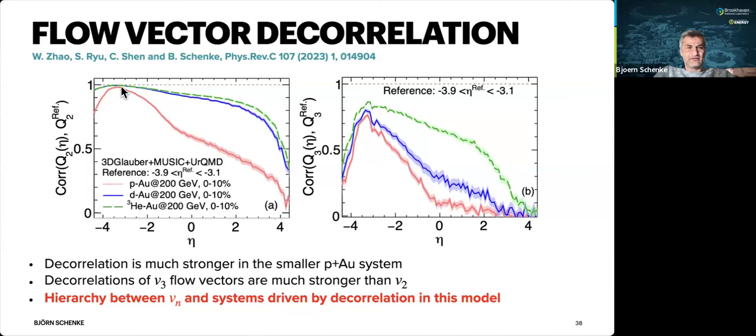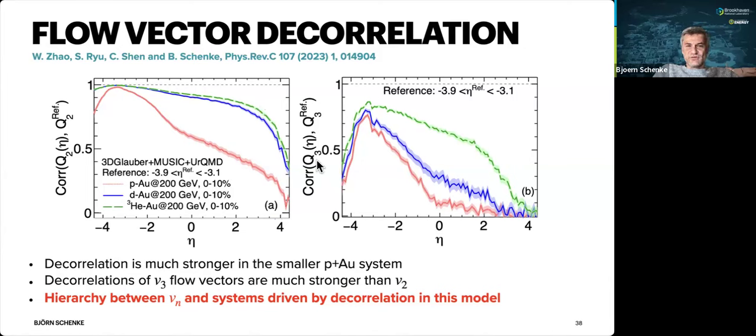But as I go away in rapidity from my reference bin, this correlation decreases because the geometry changes, right? Because I have a structure in the longitudinal direction, this decreases. And the important point here is that for proton gold, this decorrelation is much faster than for the other two systems.